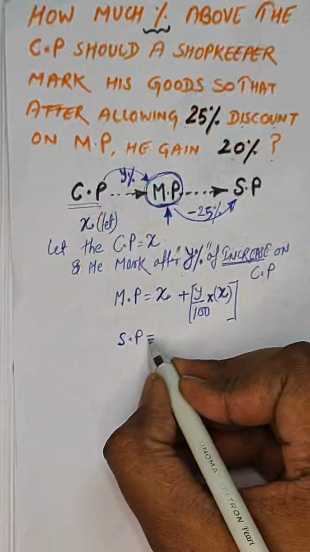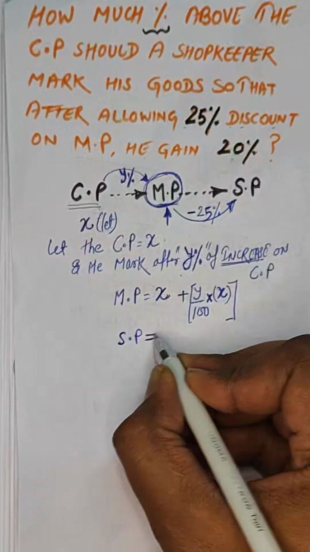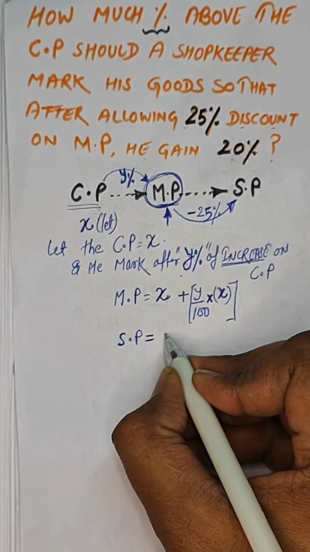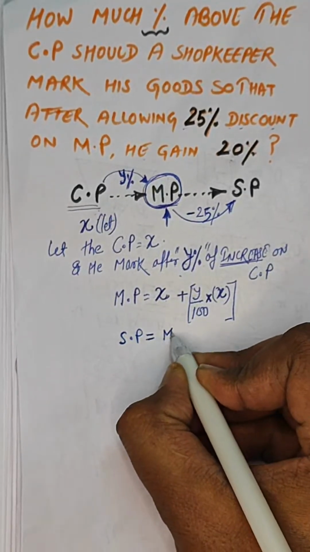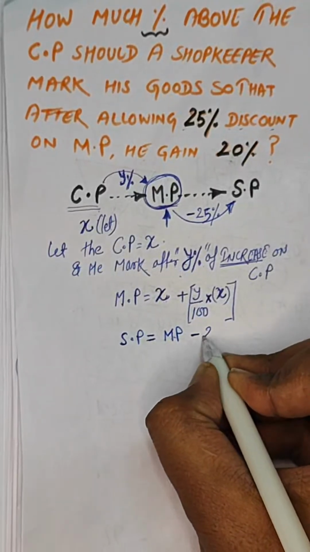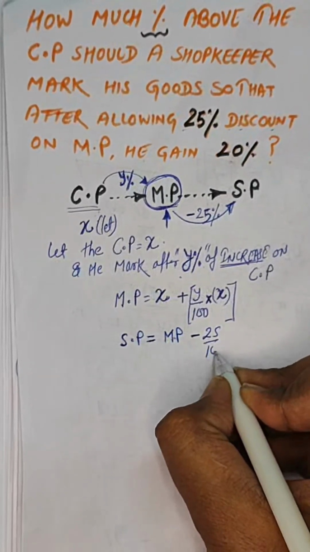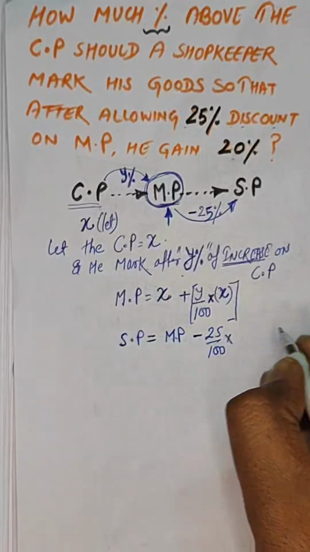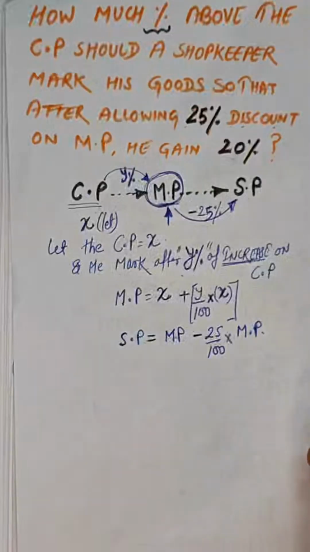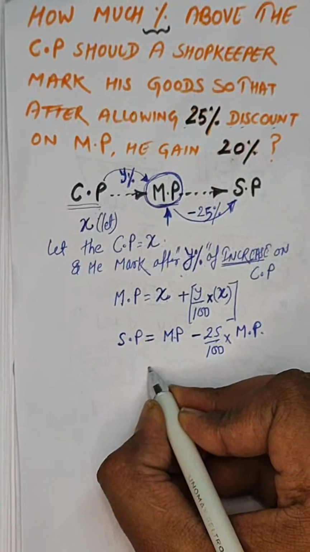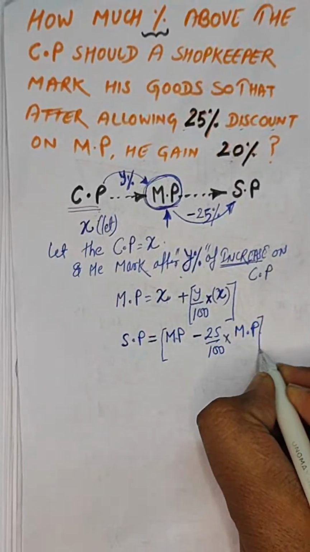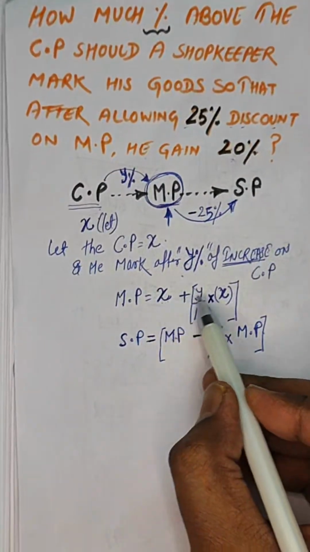So the sale price, after giving the discount of 25%, will be MP, the mark price, minus 25% discount on what? Whatever you are able to see, that is on the mark price only. So that will be the selling price, and the mark price is this much.